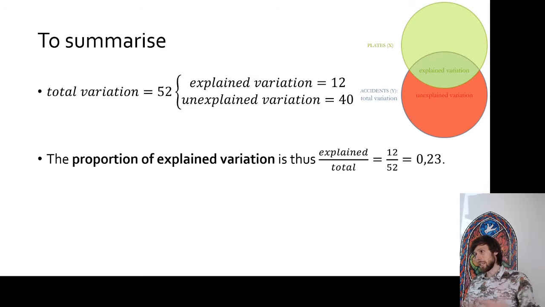This also means that the remaining 77% of the variation in the accidents must have been, well, dare I say, caused by other factors. I should not say caused, as you will remember from the fact that correlation is not causation. But in principle, 77% of the variation in the accidents is related to other factors than the plates variable.